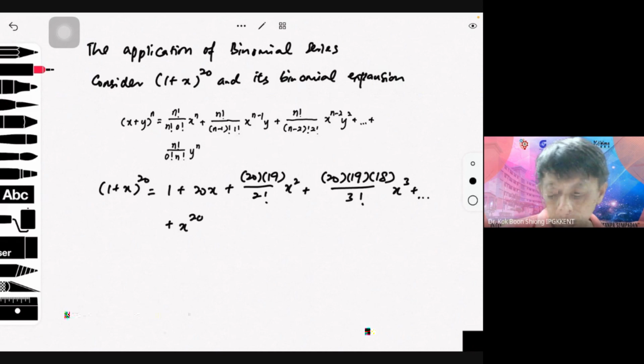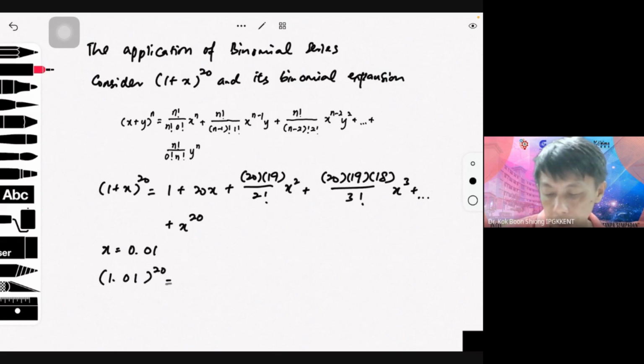So let's say x is equal to 0.01. So for example, we have 1.01 to the power of 20.